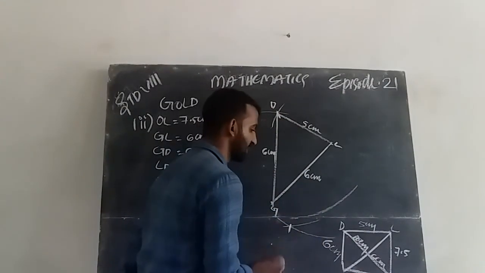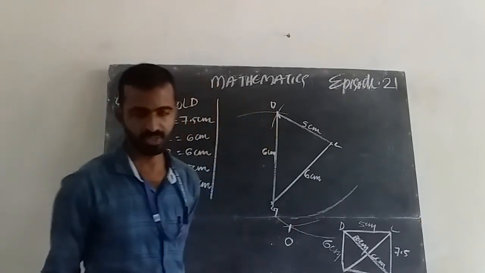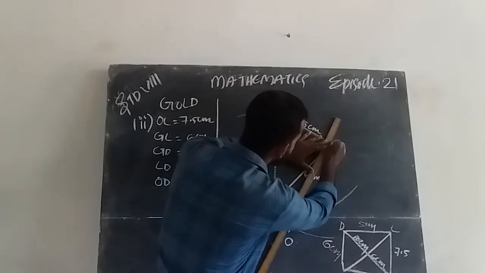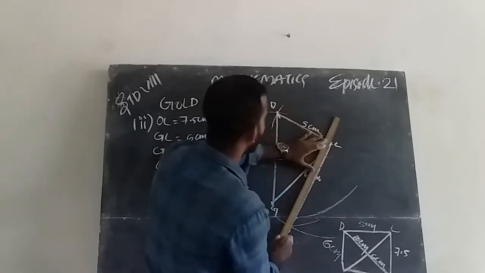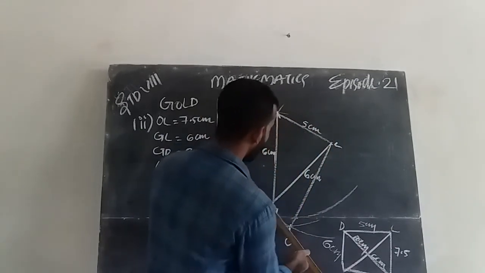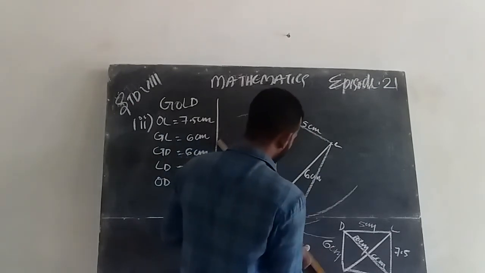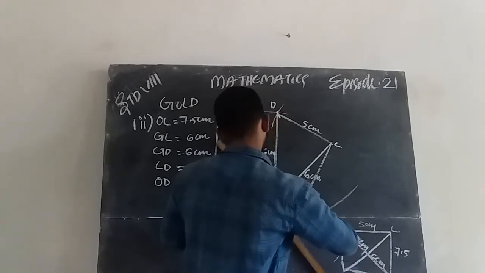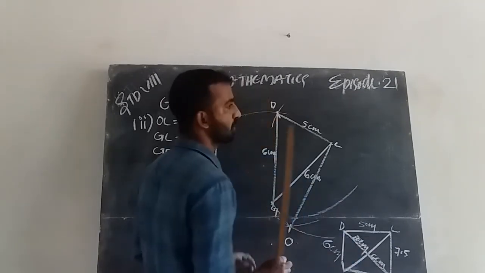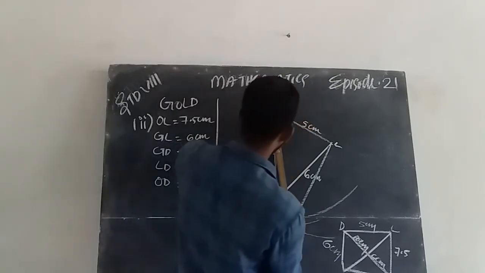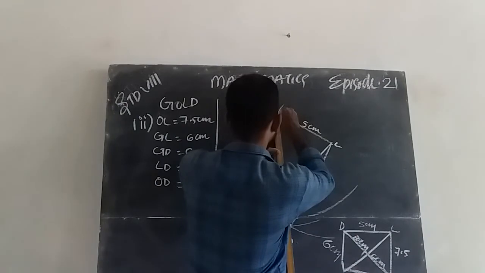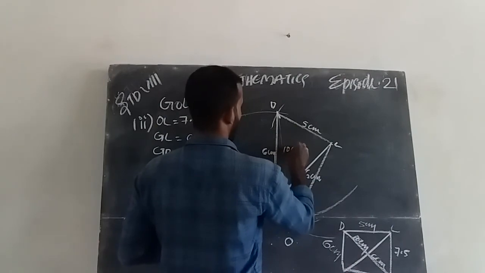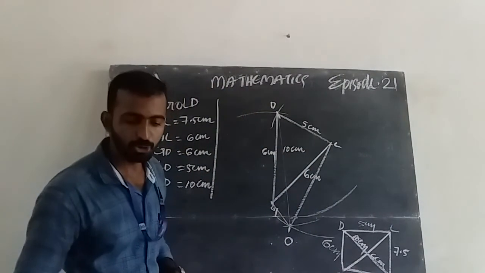That point is O. Then we join these points L and O, and also join G and O. Then we get a quadrilateral. OD is 10 centimeter. We draw the OD also. These are two diagonals.